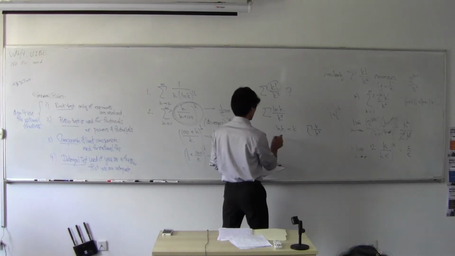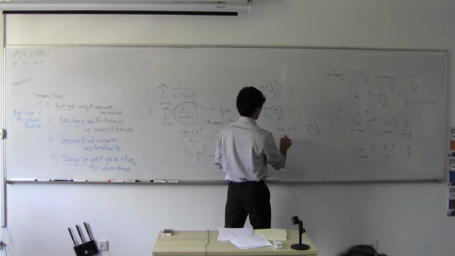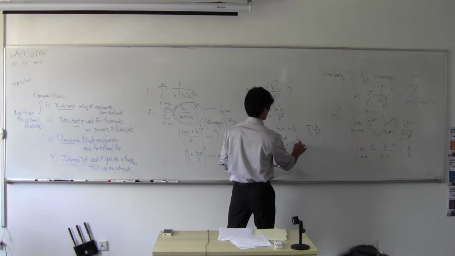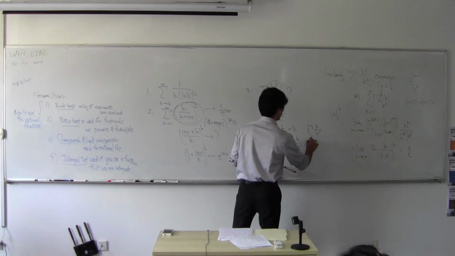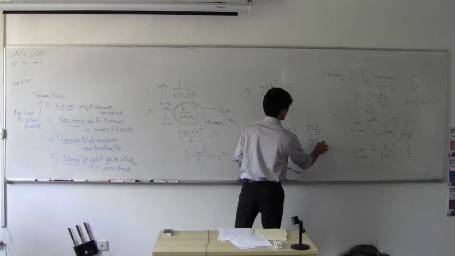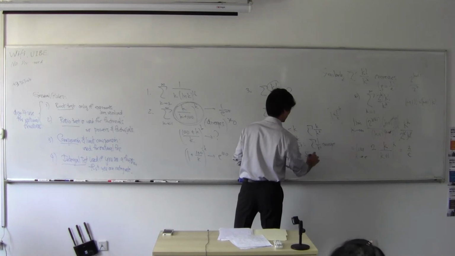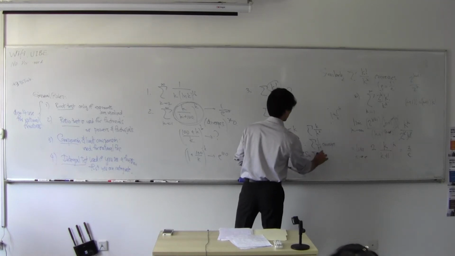So by comparison, natural log of k over k cubed is smaller than k over k cubed, which is 1 over k squared, which converges. So natural log of k over k cubed converges.